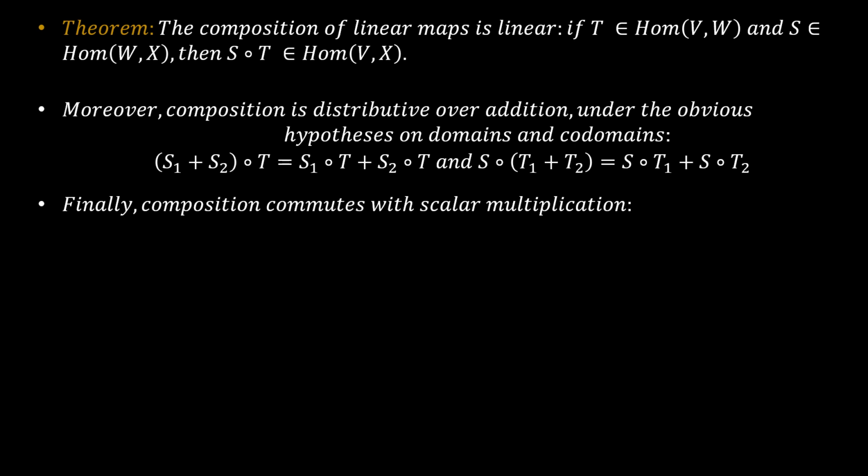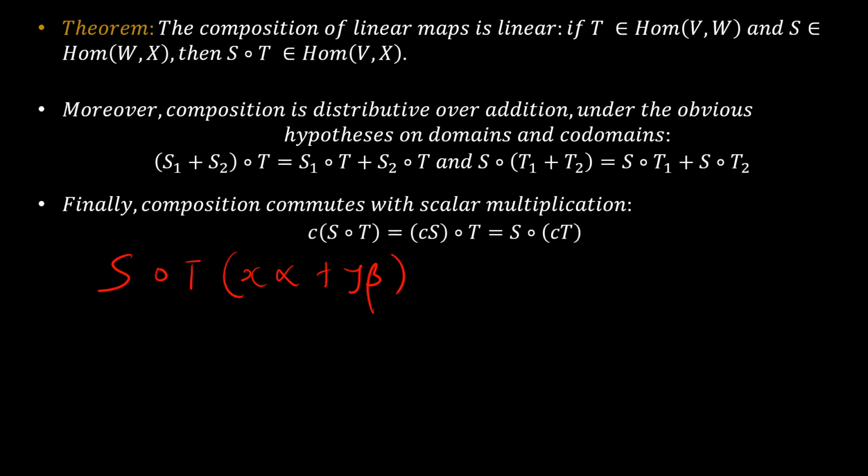If we say that S is composed with T, such that you have these vectors alpha and beta, then this is the same as S of T of X alpha plus Y beta, where alpha and beta are members of V. What happens next is that this can go in so that we can pull out the constants.